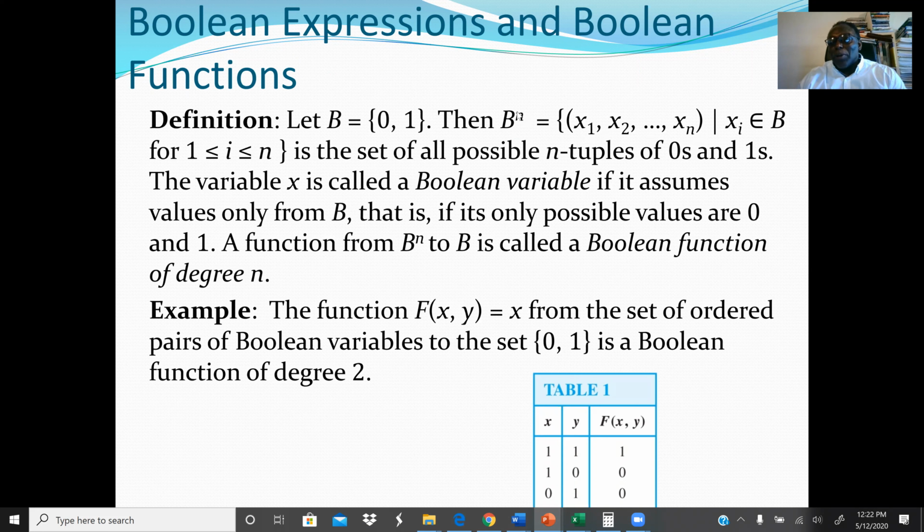So if it's B to the power 3, and the variables are represented by x, then it will be s1, s2, s3. So B to the power n means the variables s1 up to sn, in which si, with i from 1 to n, belongs to B.